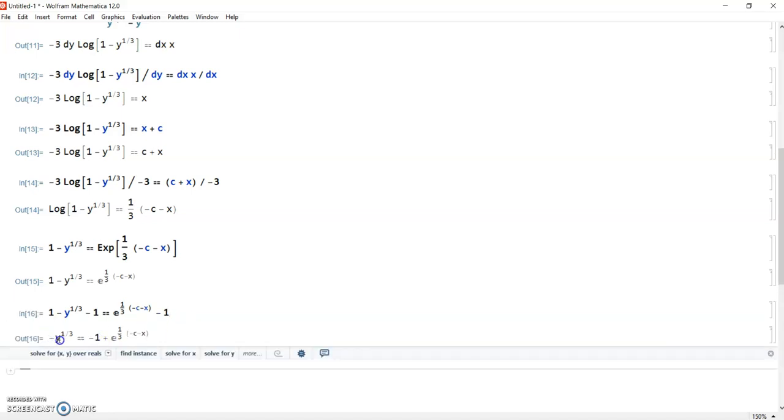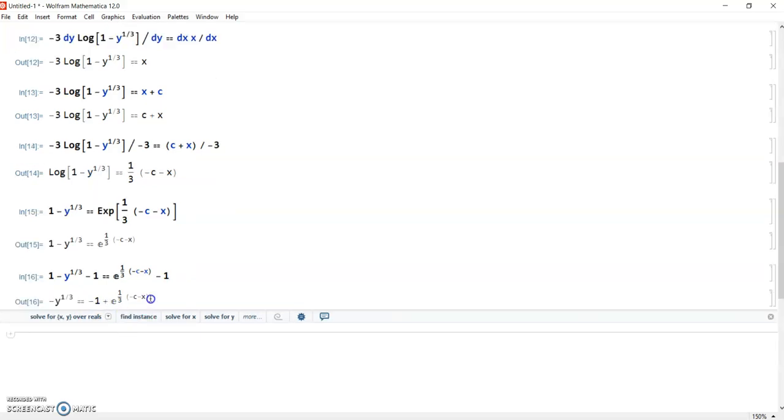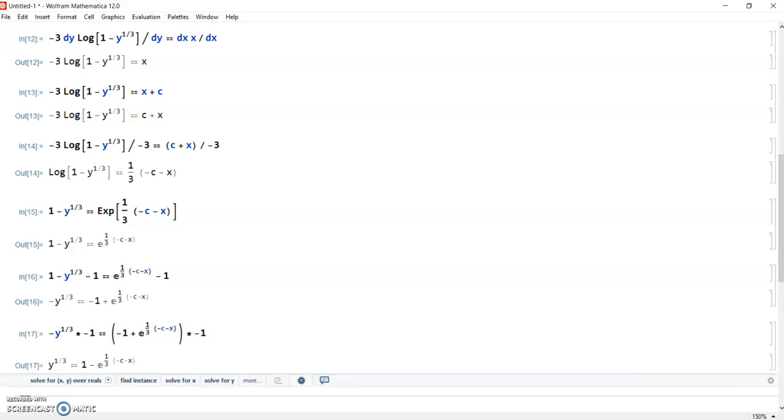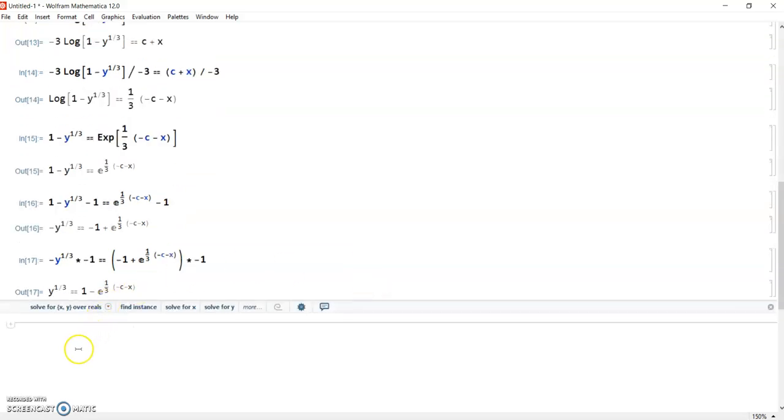Now to remove this minus sign, I will multiply both sides by -1, so the right hand side is multiplied by -1, and the left hand side is also multiplied by -1. So it is y power 1 by 3, and now I can simply take the cube of both sides to get the answer.